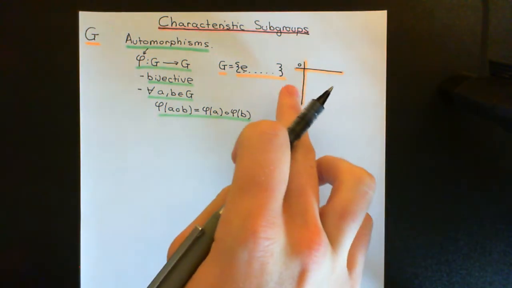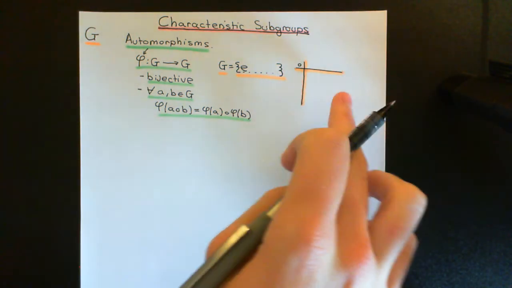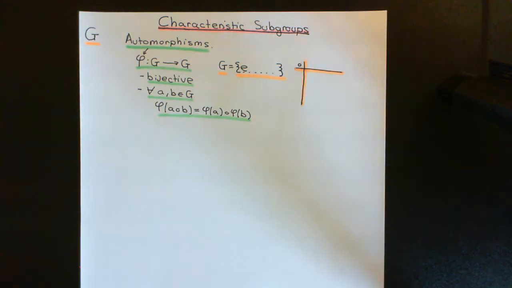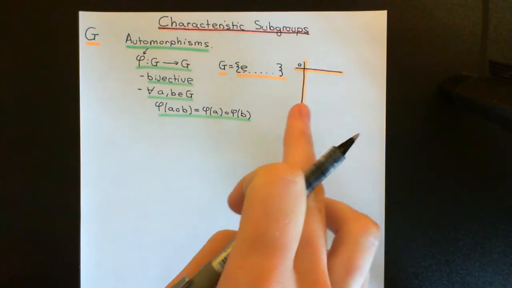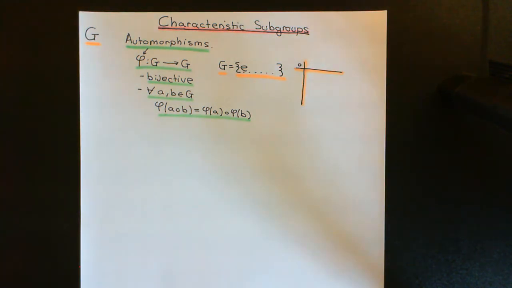So if you want to compose two things together, you might have to go to a different slot on the composition table, but that doesn't matter, that doesn't mean anything. Okay, the actual answers, if you take any two elements of the group and compose them together, before you had rubbed it out and replaced the composition table, you would get the exact same answer as afterwards. Okay, so the composition tables truly are the same, and that is what this property says.